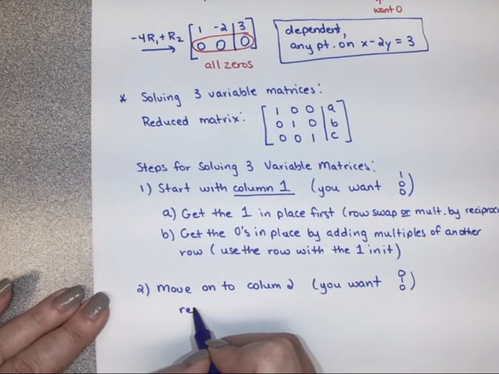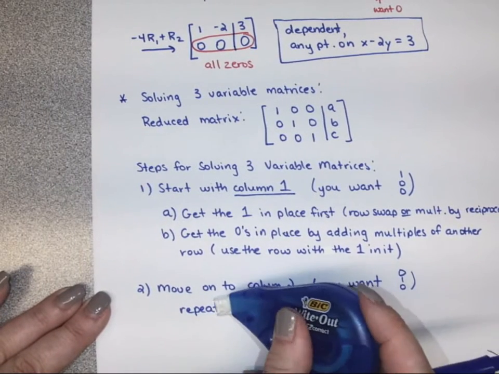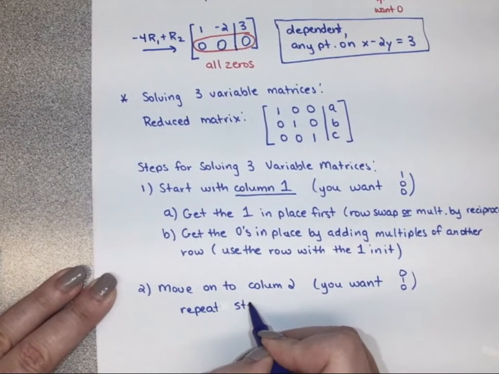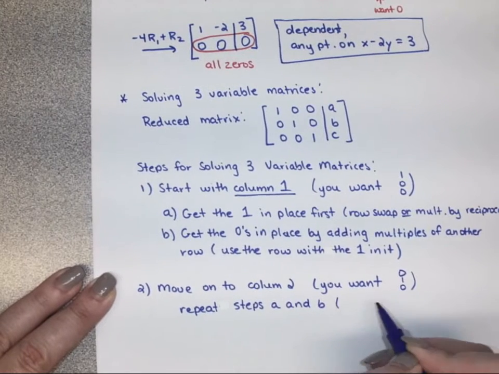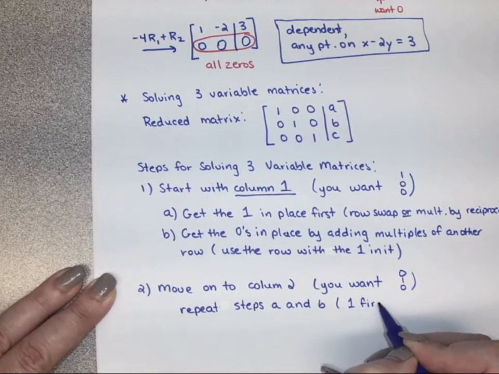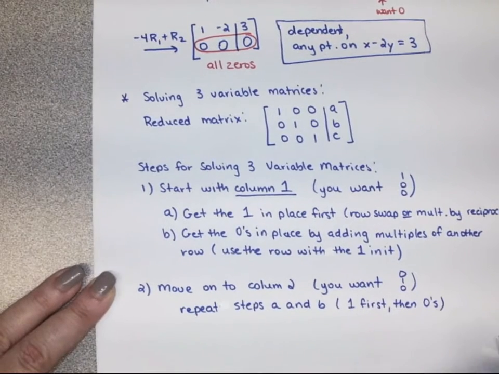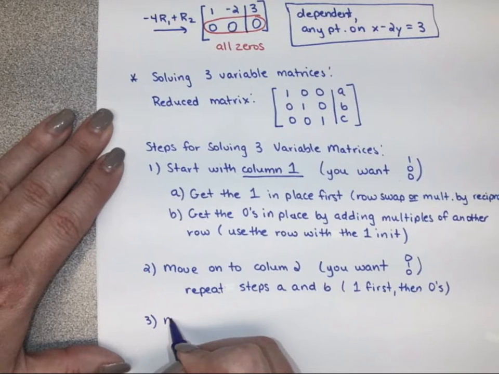So you're going to repeat steps A and B. And the gist of steps A and B is get the 1 first and then the zeros. If you always follow that general process, then you're going to be able to do these just fine.